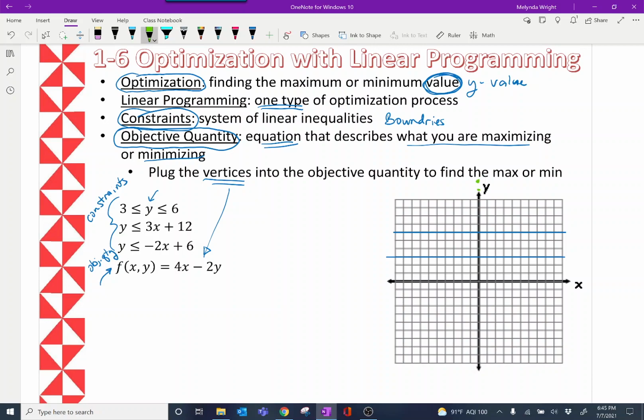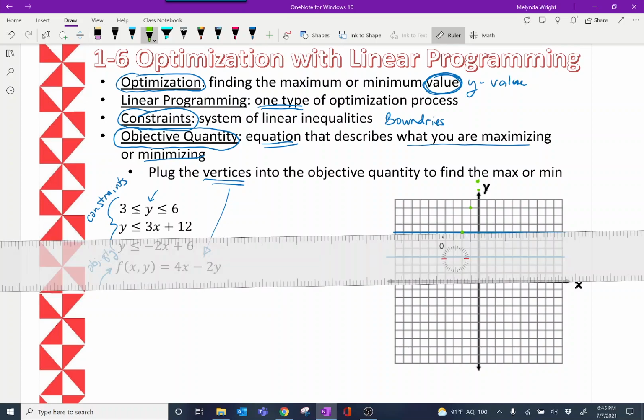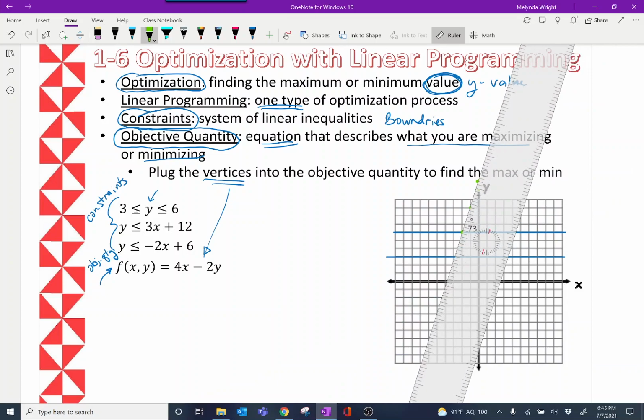And then our slope is 3, so rise 3, run 1. Okay, so let's draw that one. And that one is also a solid line.